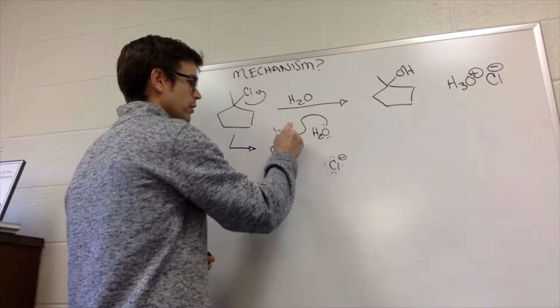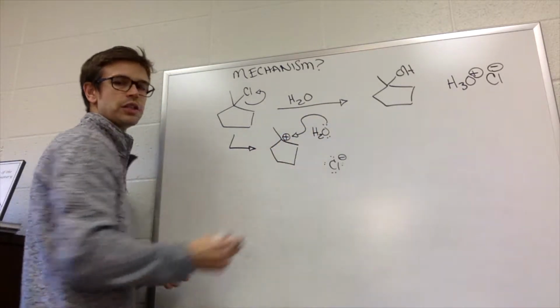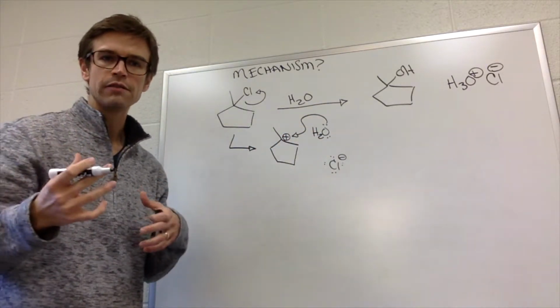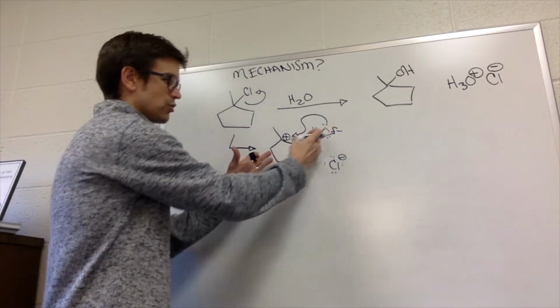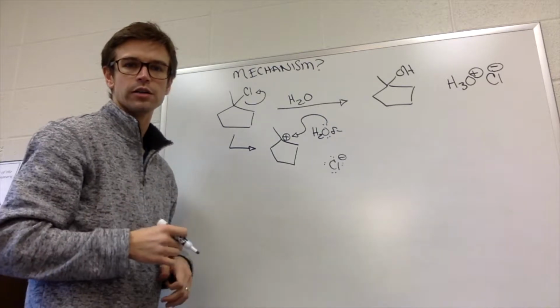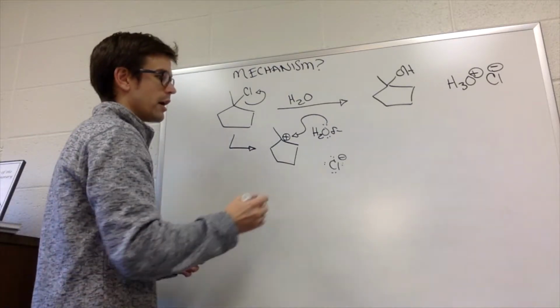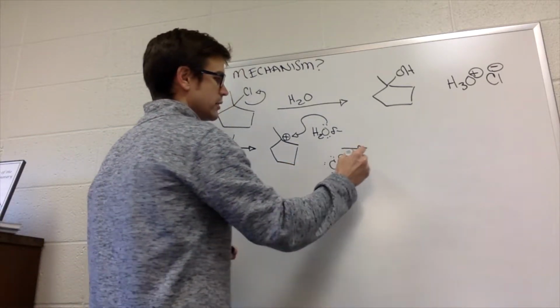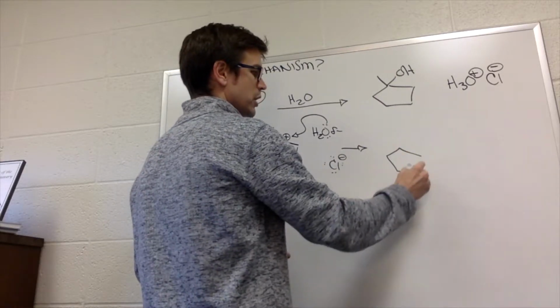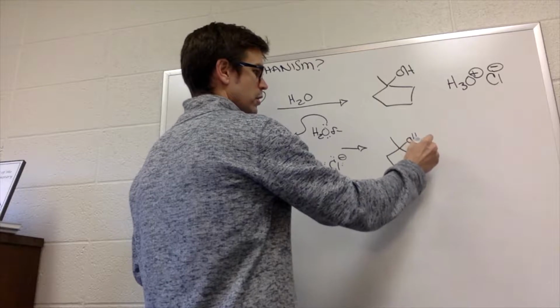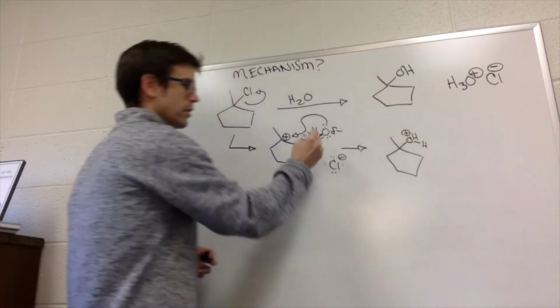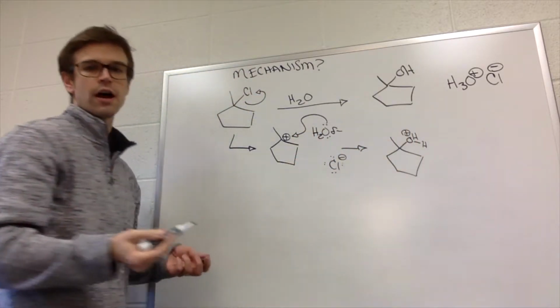The water would then, the oxygen is partially negatively charged, and that partial negative is drawn to the positive charge on that carbocation. That would then generate the oxygen carbon bond, but we still have 2 protons on that oxygen atom.